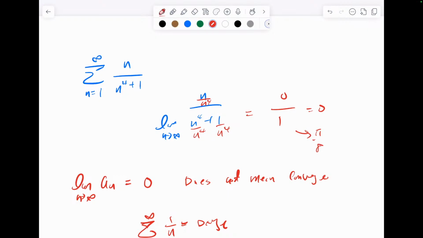Pi over 8? Is pi over 8 bigger than the actual sum or less than the actual sum? So those are the things that you should think about. Are they bigger or less? I'm not going to answer that question. I want you to think about it, and that's it.